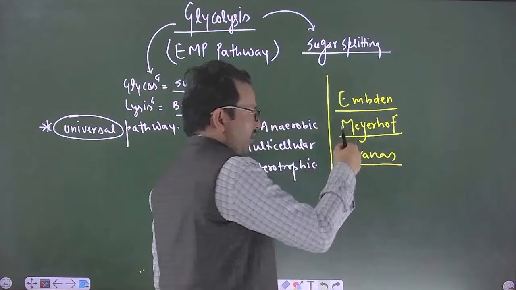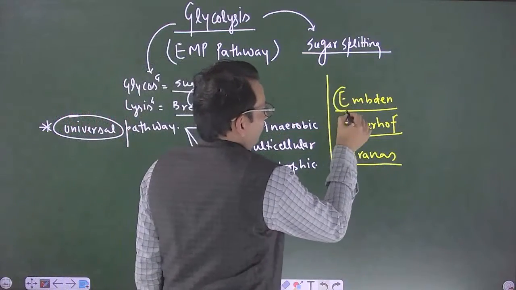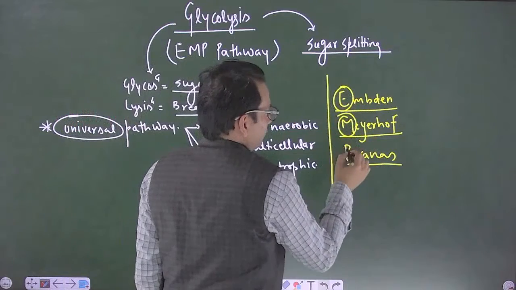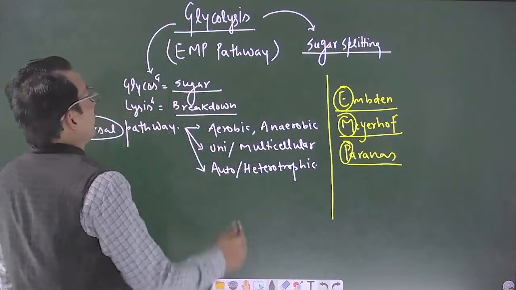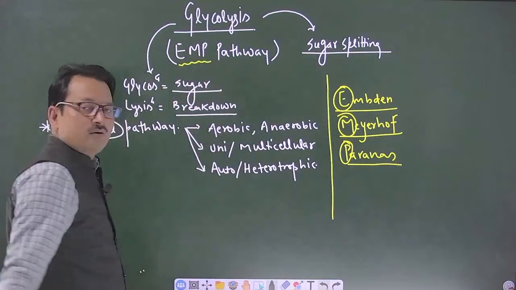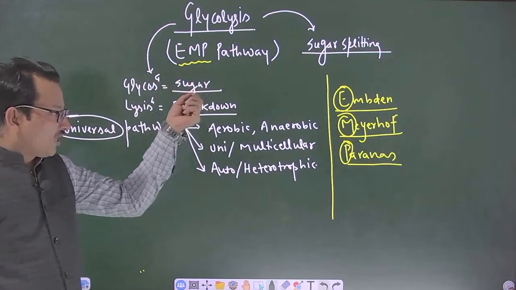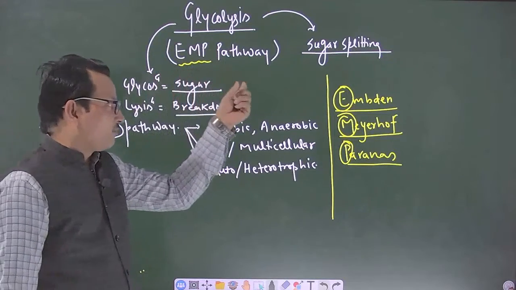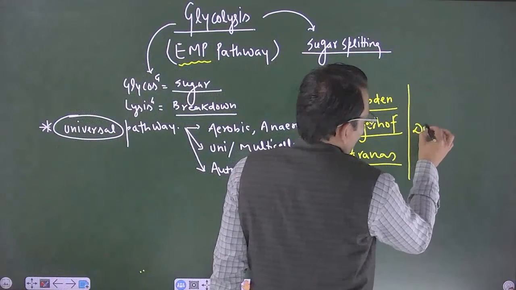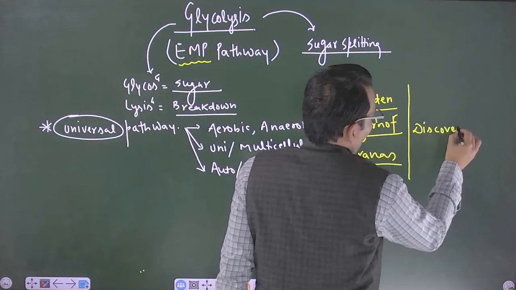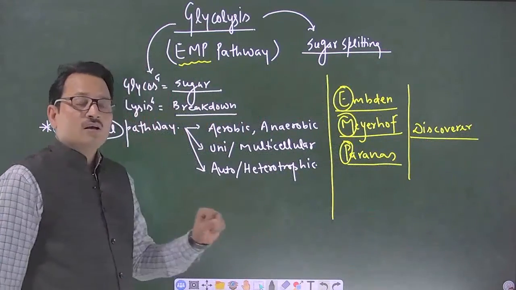I have written the names in short form to signify that the first alphabet of all these three names, that is EMP, is taken and collectively named the EMP pathway. Okay, students? So, EMP pathway is a mnemonic based on the names given by their propounders, the discoverers of this pathway.